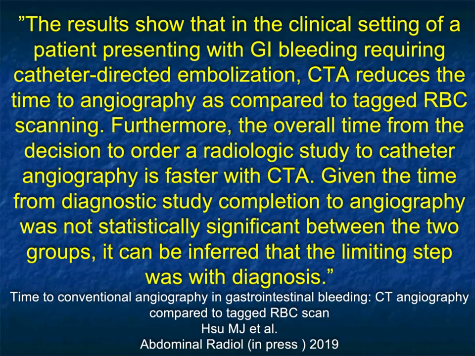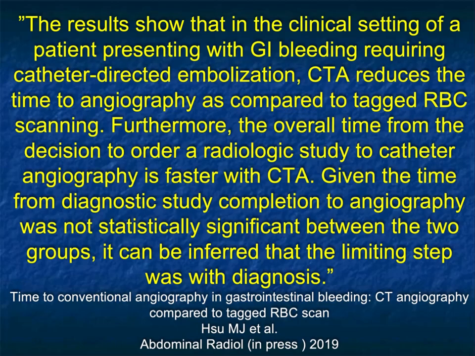In this article by Sue made the point that in the clinical setting of a patient presenting with GI bleed requiring catheter-directed embolization, CTA reduces the time to angio as compared to tagged red blood cell studies.